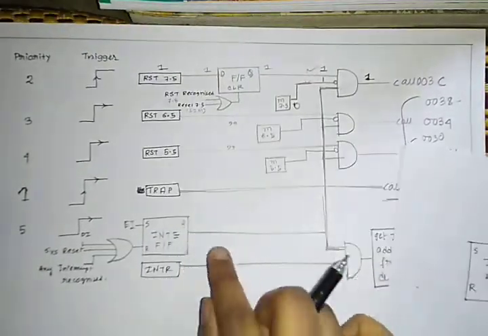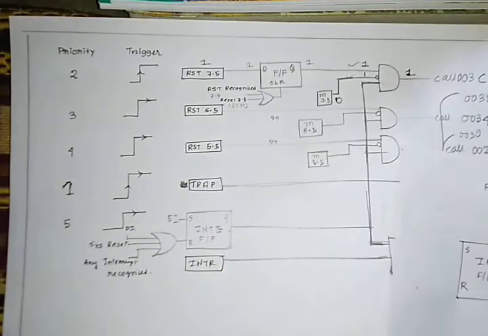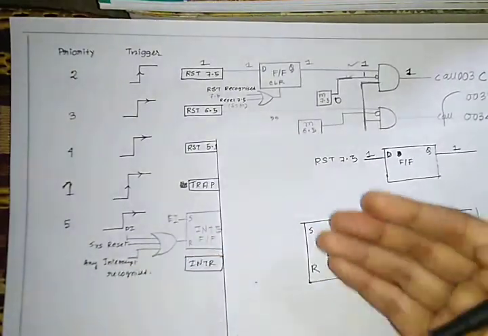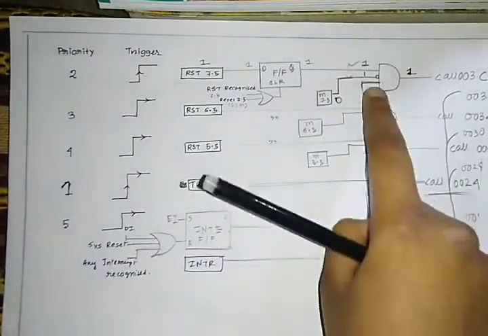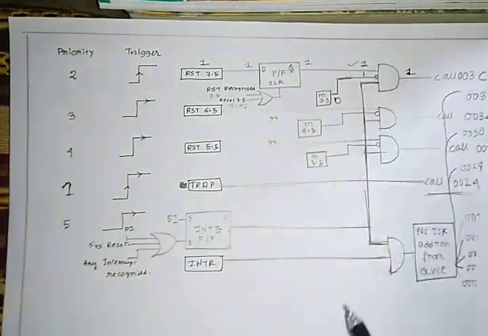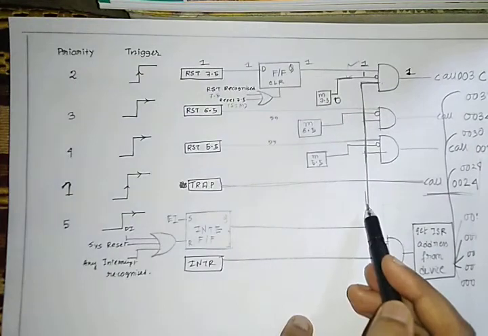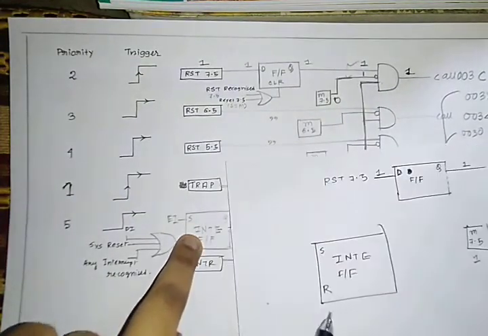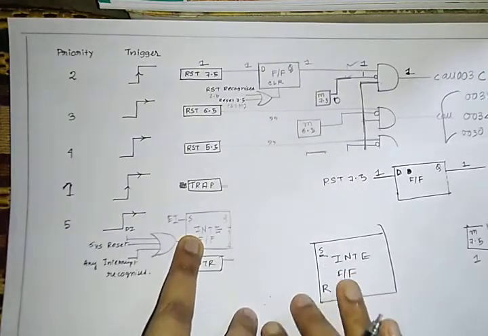This flip-flop will produce this signal. What happens within this flip-flop? If you want to execute the interrupts, I have to produce 1 in this signal. If I want to produce 1 from this flip-flop, I have to set this input.